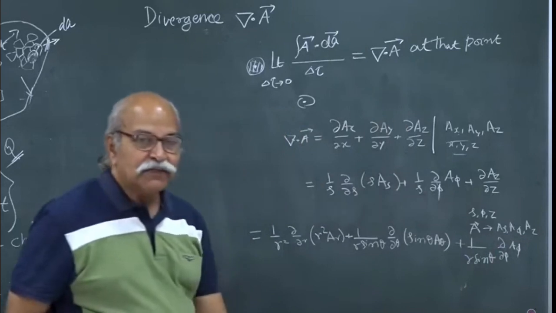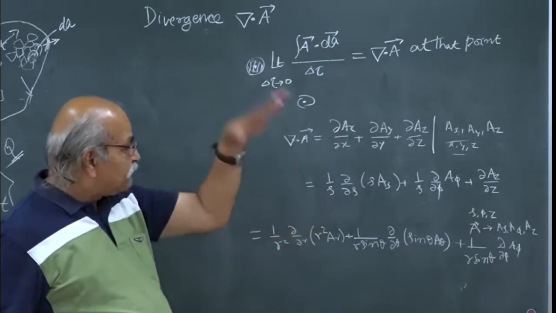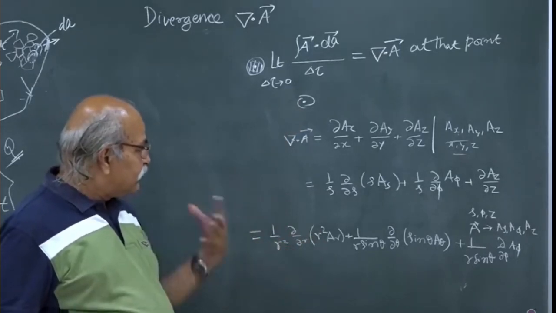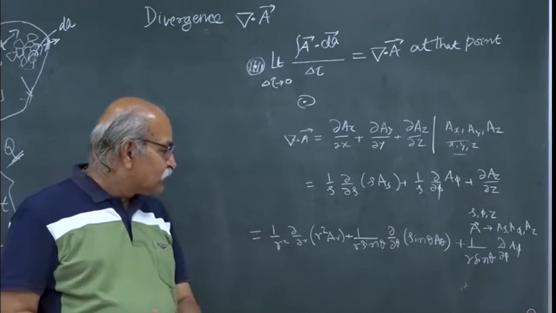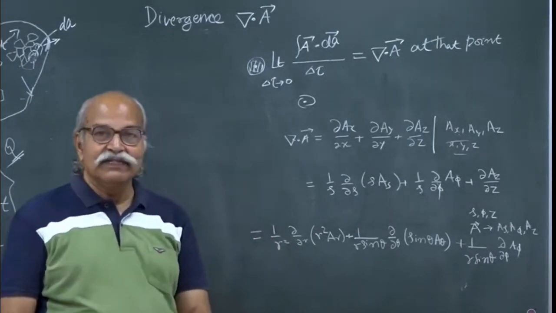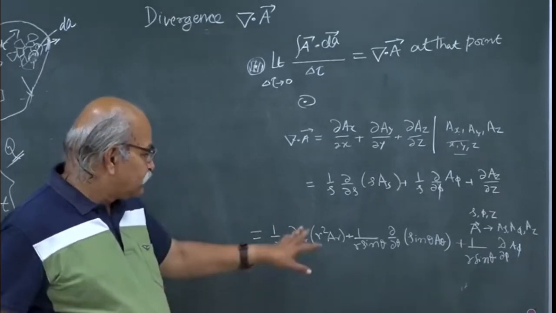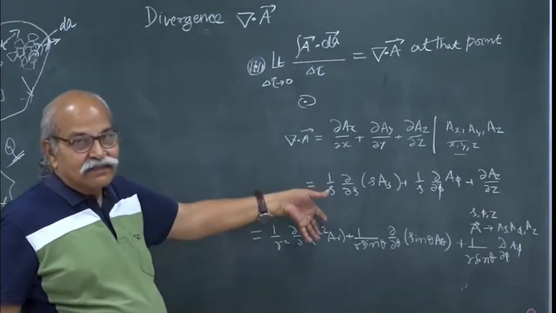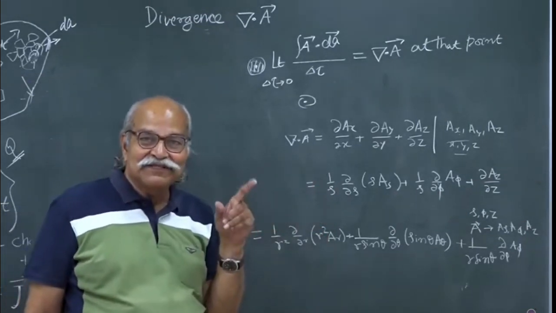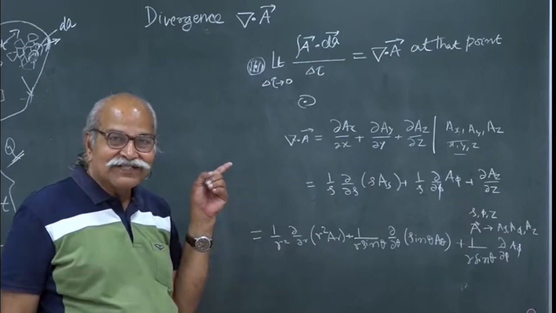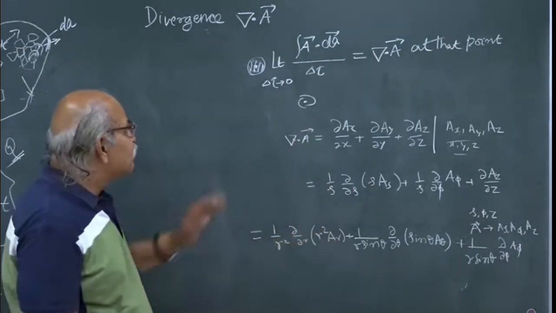I talked a little about cylindrical coordinates in the previous lecture, but you have to be very conversant with these coordinate systems. So you study them. They are given in the appendix of the book we are using. If you did the course on electromagnetism part 1, electrostatics, all those things were discussed in much greater detail. So that is divergence.